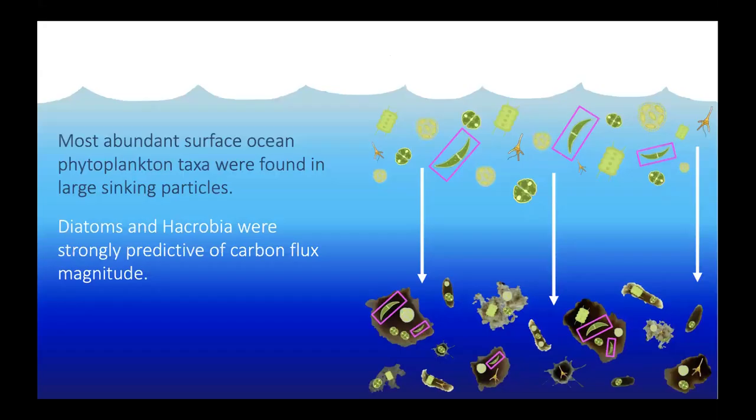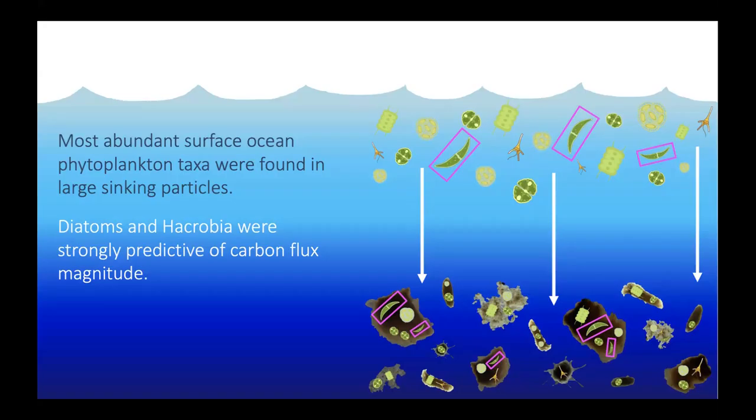So from this next piece of the work, putting it together with the POC flux, we find that we have two broad groups that are strongly predictive of carbon flux magnitude, and we can use those to model the contribution of these different groups to our POC flux metric overall.